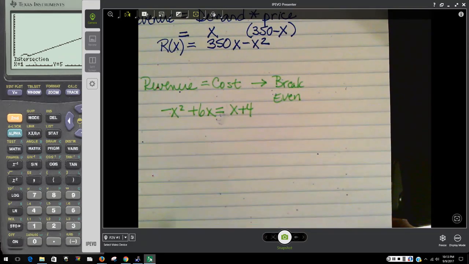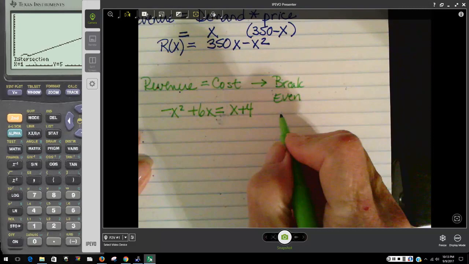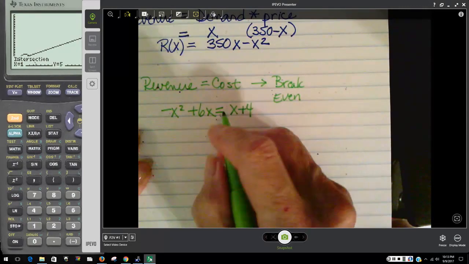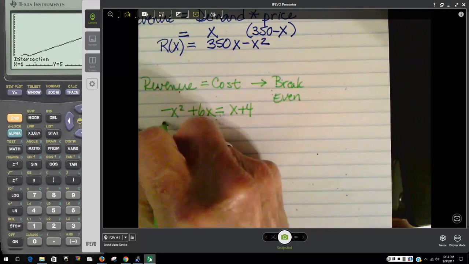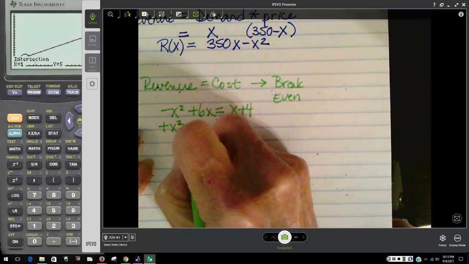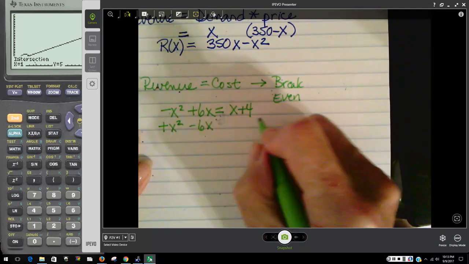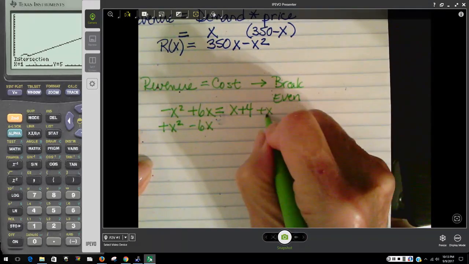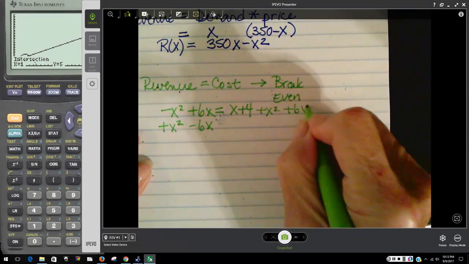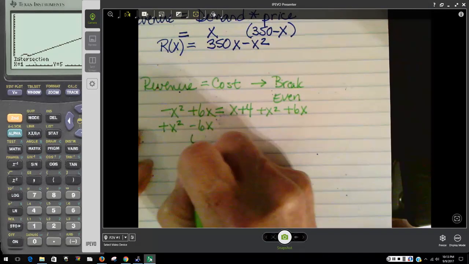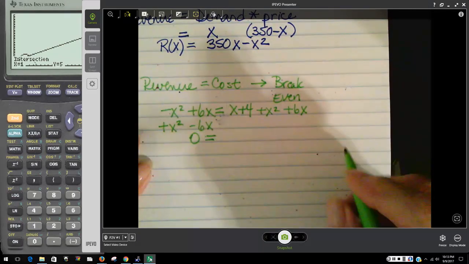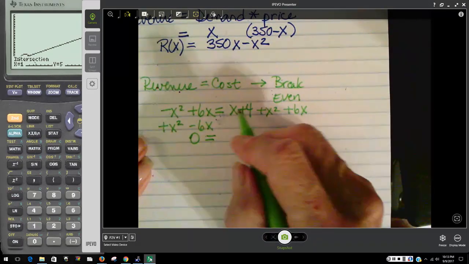And if you were to solve this equation to find your break-even point, the way we would do it is we would add x squared to both sides and subtract 6x from both sides, to get 0. And then we have x plus 4 plus x squared.